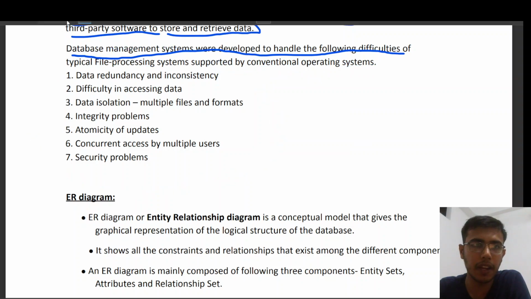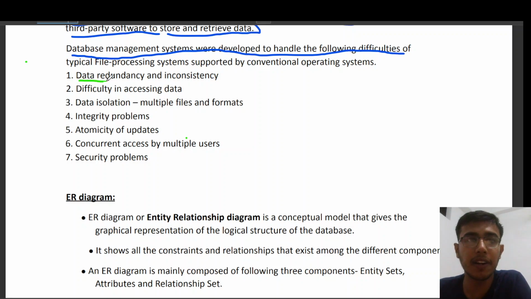So what it is saying, the database management system was developed to handle the following difficulties of the typical file processing system supported by conventional operating system.